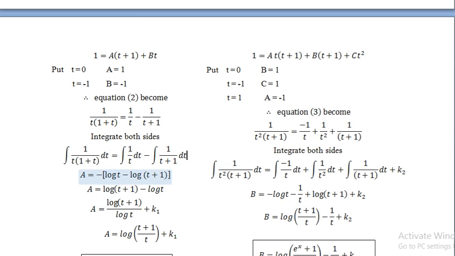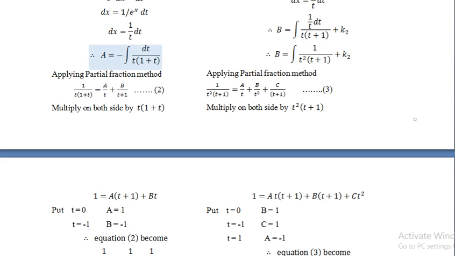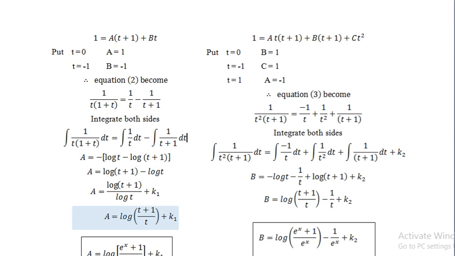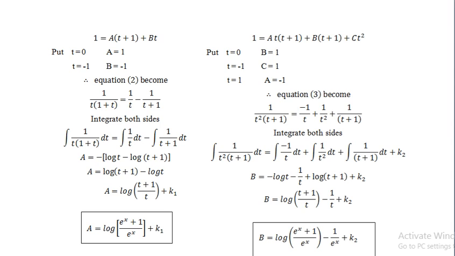Then multiply by the minus sign, because we already used the minus of this function. So minus log t plus log of t plus 1, or log of t plus 1 divided by t. After applying the logarithmic property, log a minus log b is log of a divided by b, plus k1.